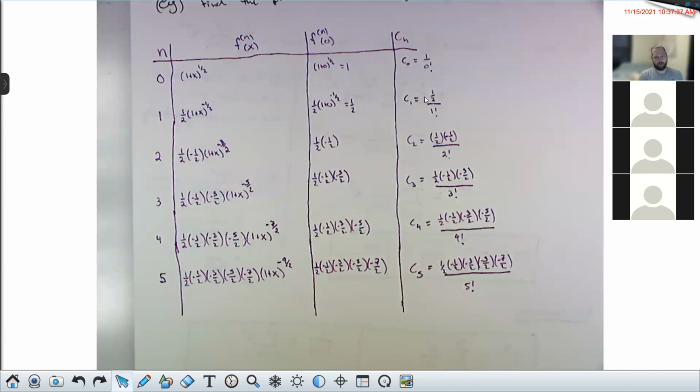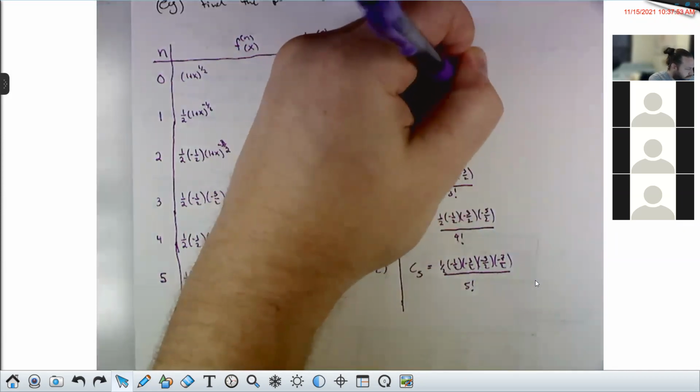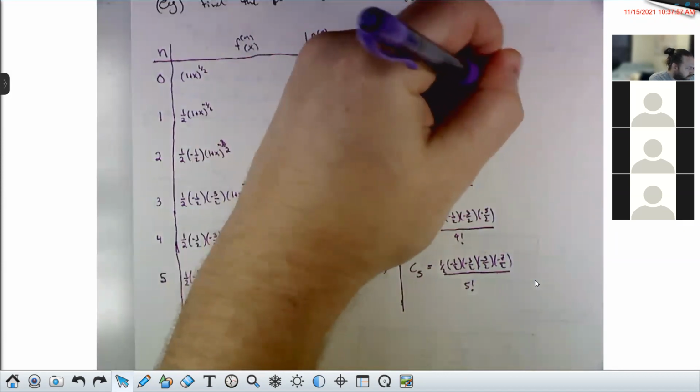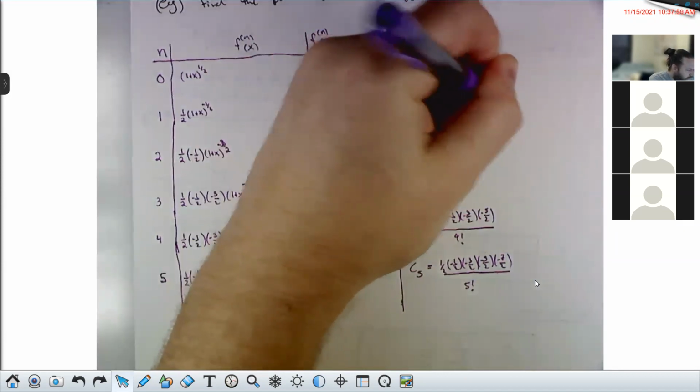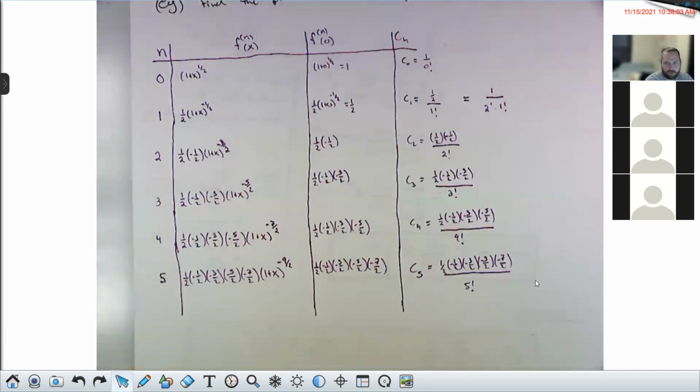What we want to do is find a formula for these Cn's. So now that I have several rows of this table, I want to look for a pattern over here. And here's my observation: this guy can be written as 1 over 2 to the 1 times 1 factorial. Bring the 1/2, that 2, downstairs.